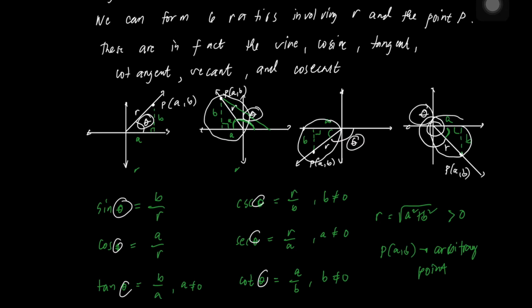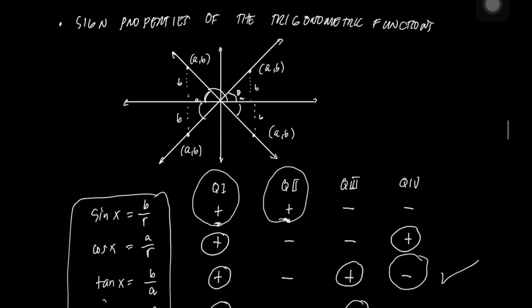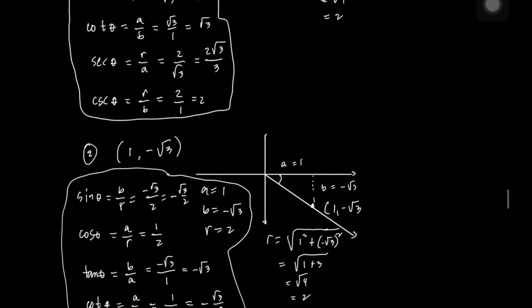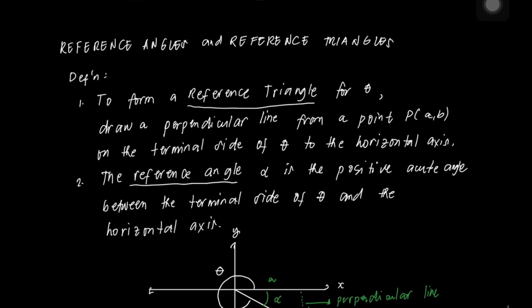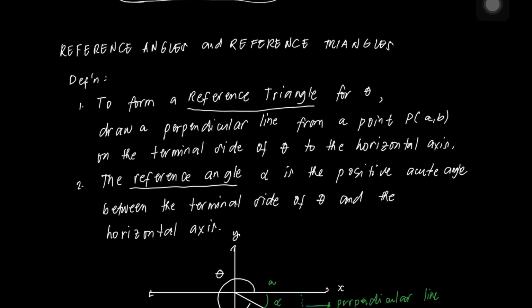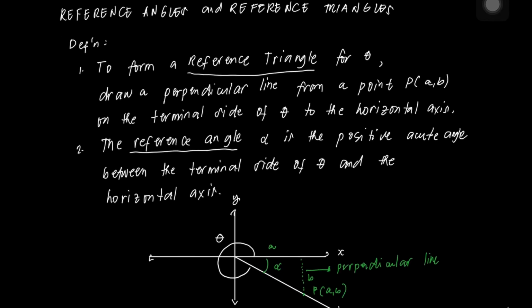So what are reference triangles? This is our definition. To form a reference triangle for an angle, draw a perpendicular line from a point P on the terminal side of theta to the horizontal axis.